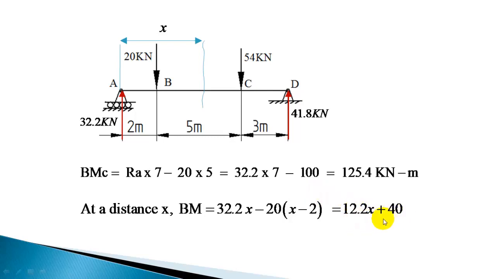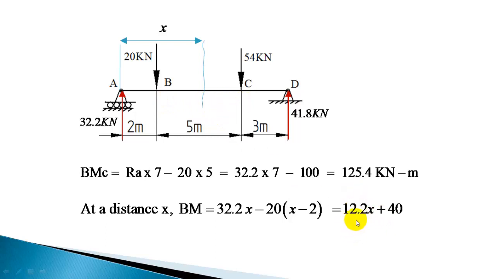So this equation for bending moment is valid only for the portion BC, or anywhere between B and C. But we don't need this equation right now. I have only written it to explain the nature of variation of bending moment in this section.